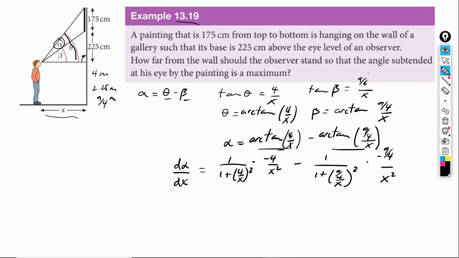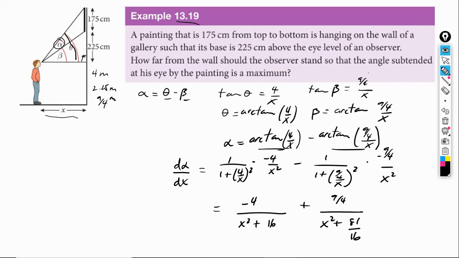Okay, then if we multiply this, we're going to get negative 4 over x squared times 1 plus 16 over x squared, that's 4 squared, because x squared and x squared cancel out. Minus minus, so now plus 9/4 over x squared times 1 plus, again x squared times x squared will cancel out, but we're going to be left with 81 over 16.